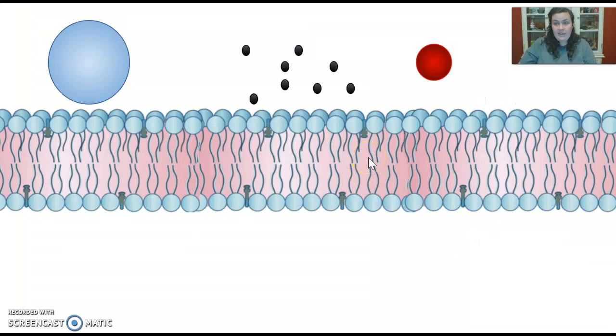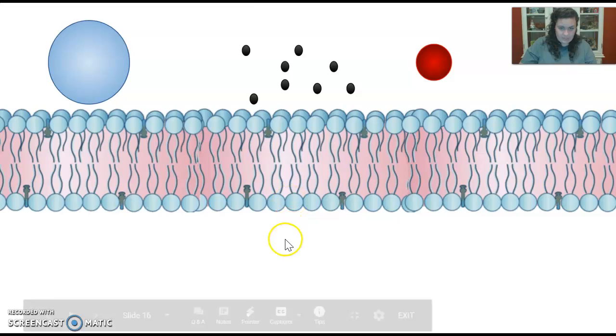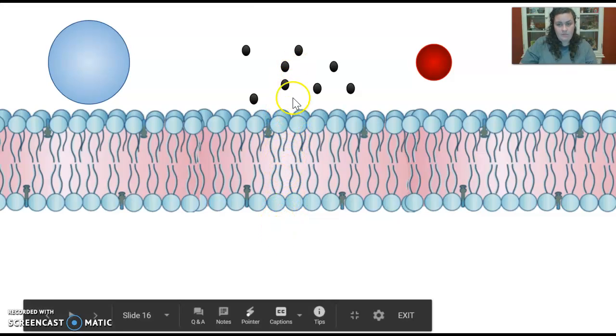Okay, so going back to this diagram that we talked about on Friday a little bit, we have this big molecule right here. And bless his heart, just too big. Never going to be able to diffuse through this membrane. It's just not going to happen. Okay, these little guys are going to be able to simply diffuse through this membrane.